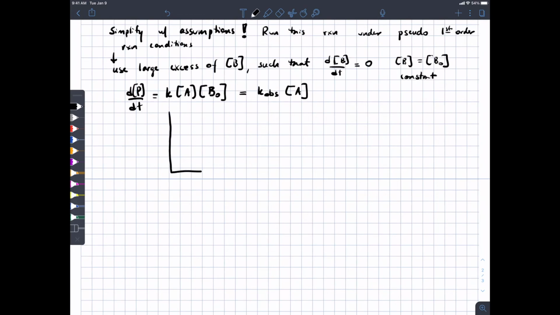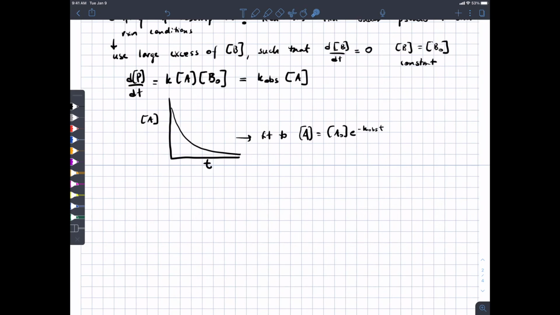Well, you could monitor the concentration of A as a function of time and get an exponential decay curve like this, which you could fit to concentration of A equals concentration of A at time 0 times the exponential of negative kt, only this k is going to be your observed rate constant.